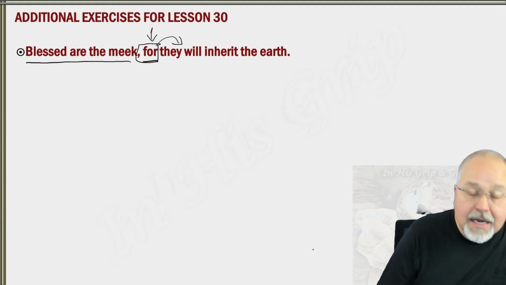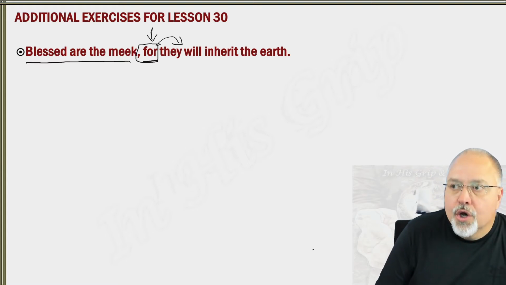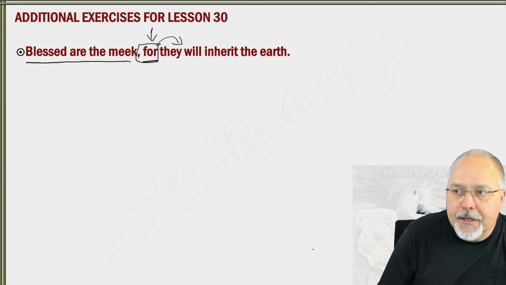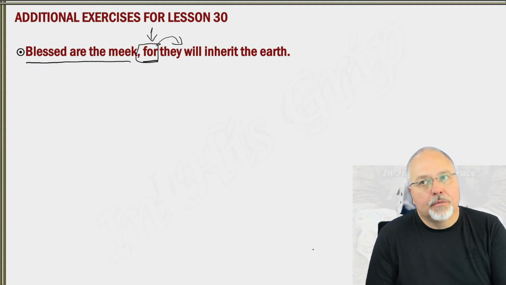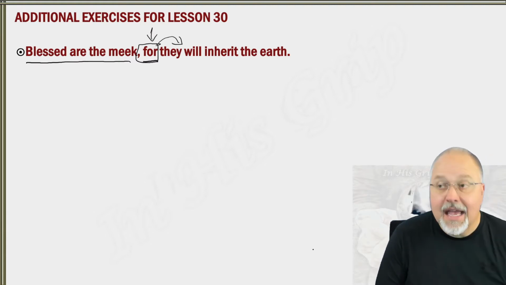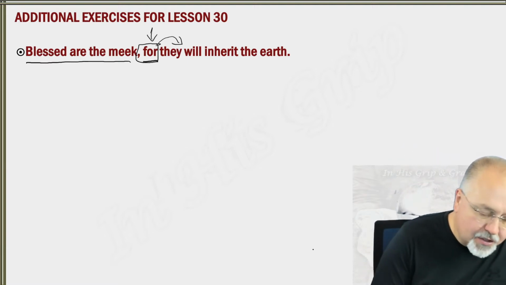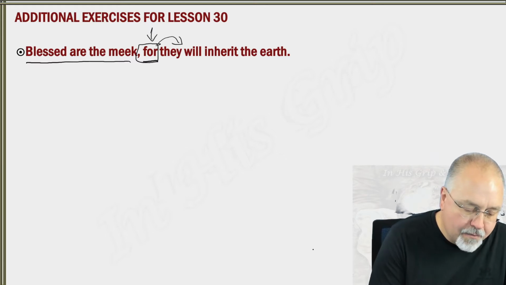Blessed are the meek. Now we need to think about the translation of this phrase, because who appropriately is the subject of this? When we think again about distribution, the question is: is every blessed person meek, or is every meek person blessed? I believe you appropriately would make the argument that Jesus was saying that all the meek people are blessed people.